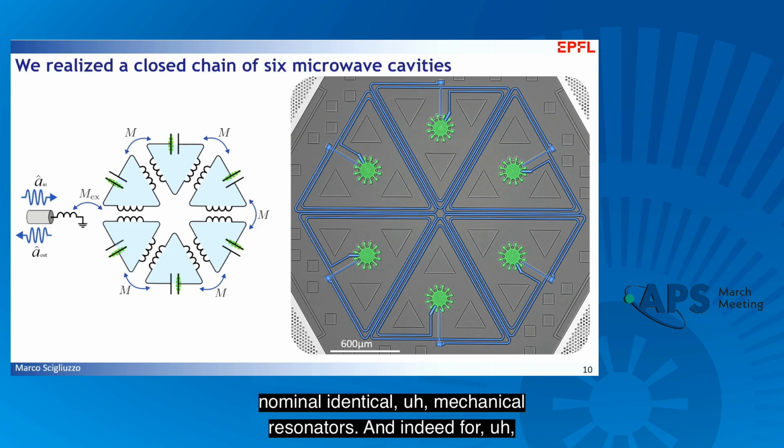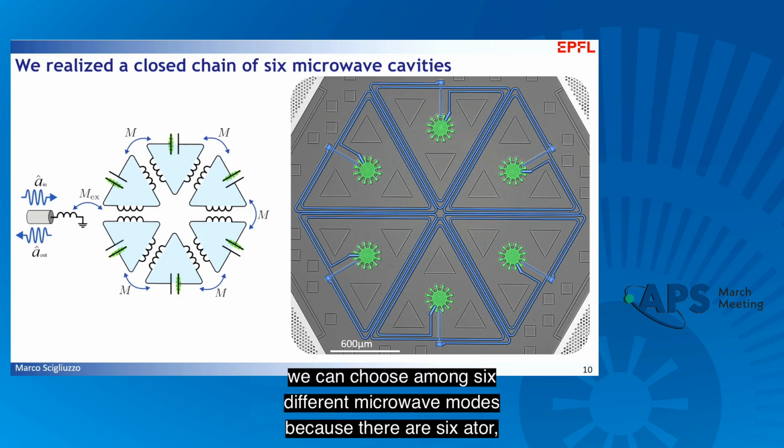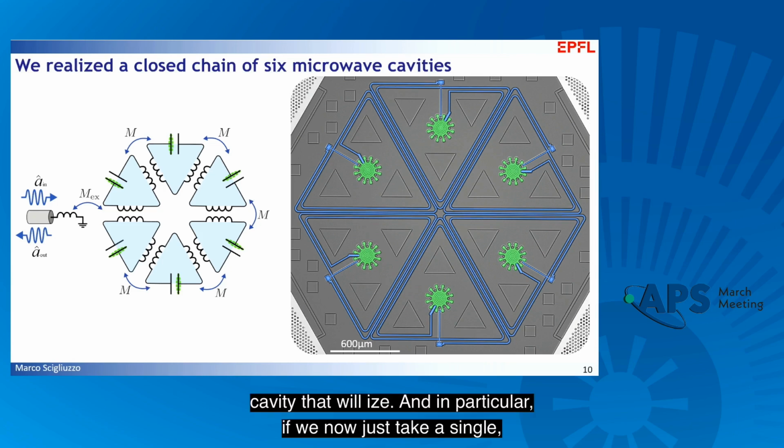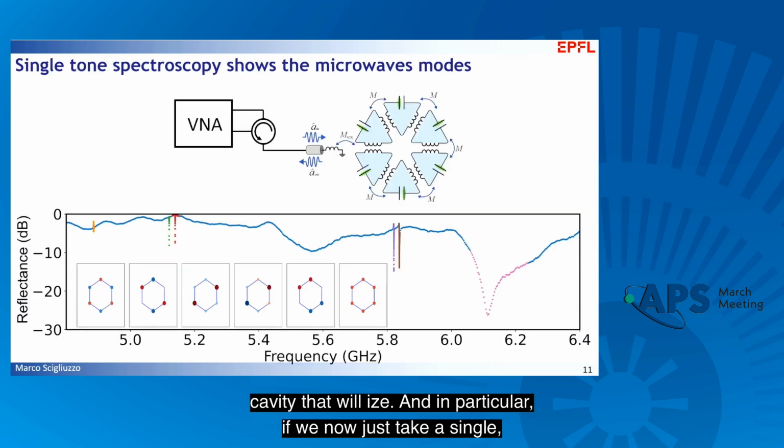And indeed, for exploring this system, we can choose among 6 different microwave modes, because there are 6 microwave cavities that will hybridize. If we now just take a single tone spectroscopy, we can identify all the modes, and we can concentrate for the rest of the experiment just on the lower frequency modes.